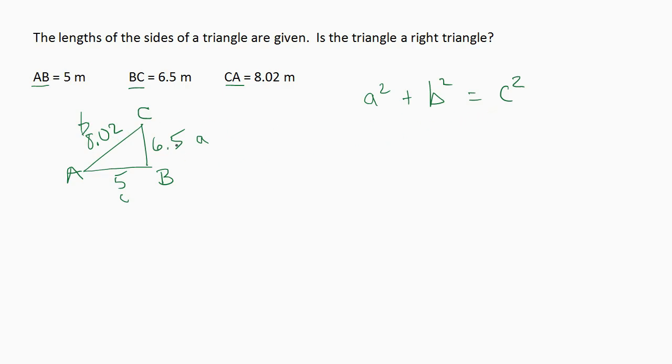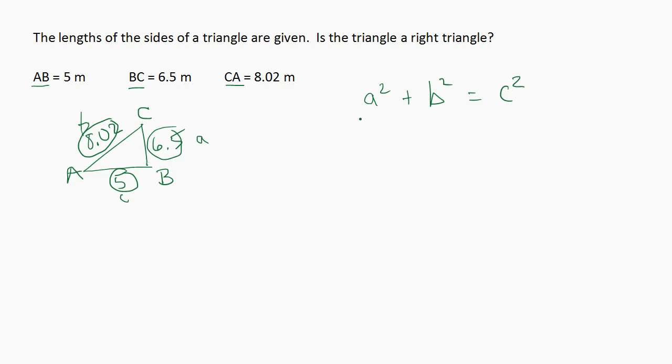All that really matters is that you know that these two numbers go in the A and B spot, and this number is always the hypotenuse. It's the longest one, and it has to go into this spot. So don't worry so much about these letters. You should know that if this one squared plus this one squared is this one squared, then the triangle is a right triangle. If that's not true, then it can't be a right triangle.